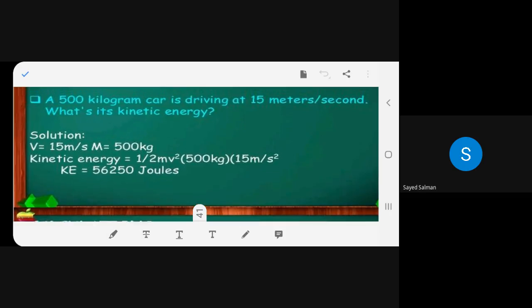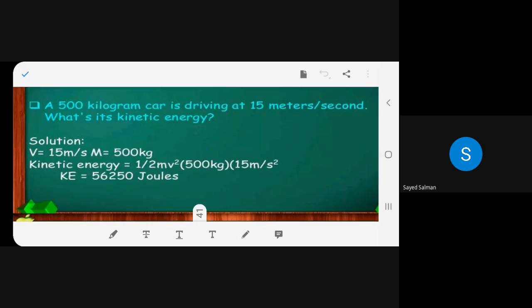Say, solution. Make it fast. V is equal to 15 meters per second. M is mass. Read properly. Mass is 500 kilogram. V is velocity, 15 meters per second, and mass is 500 kilogram of the car.